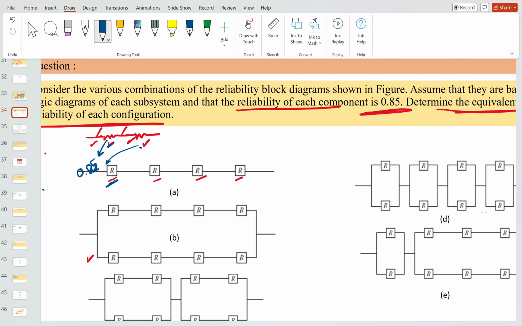There are individual components, no? They are independent components.